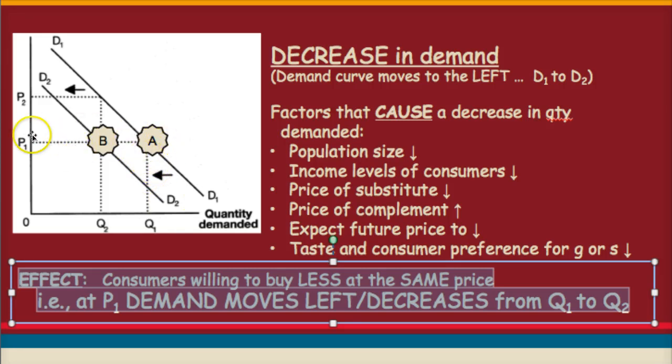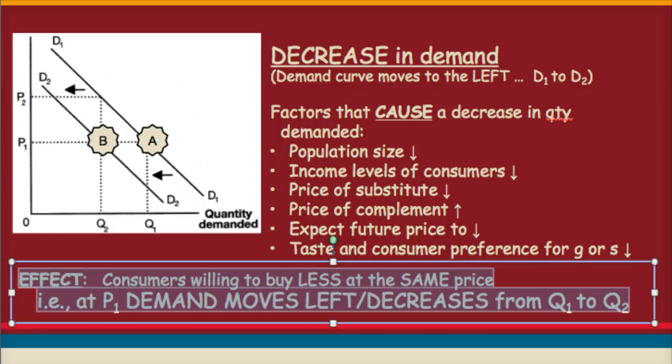So, at this particular price, P1, the old demand curve had them buying this many or willing to buy this many. Let's say 100. So let's say Q1 was 100 and P1 is $30. Demand has decreased, so now we're looking at, say, 70 units at the same price being sold.